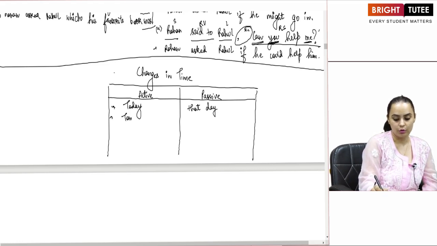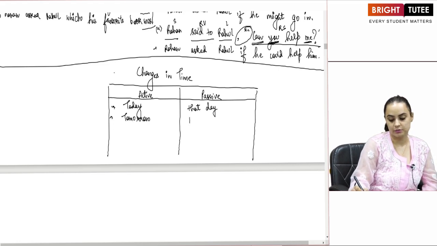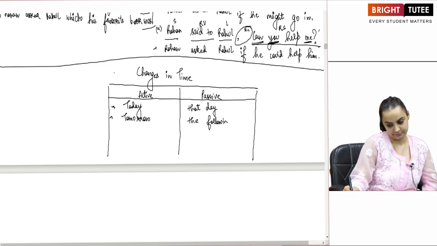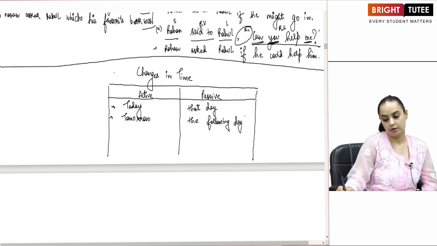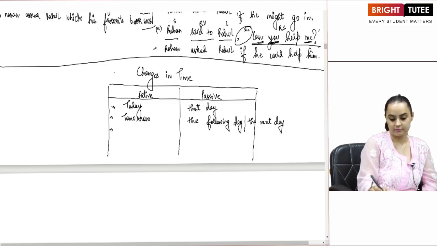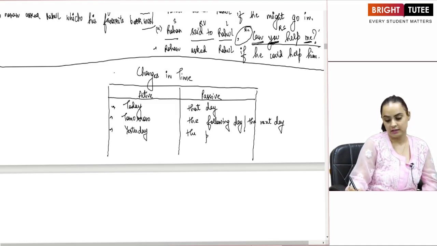If "tomorrow" is written in a sentence, that will change to "the following day" or "the next day." "Yesterday" changes to "the previous day."